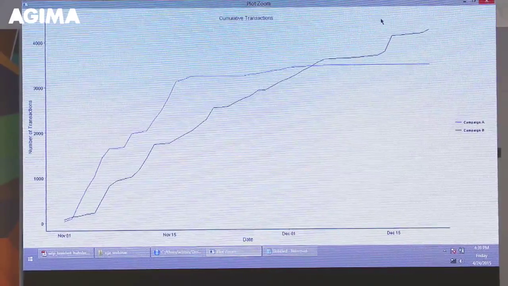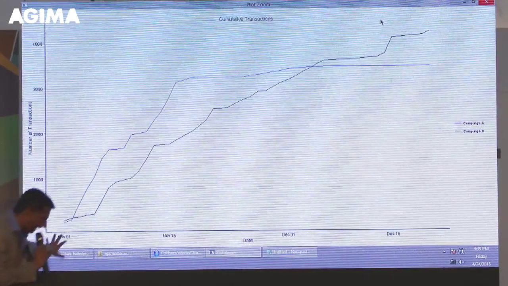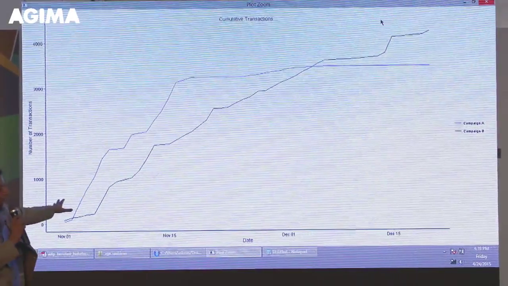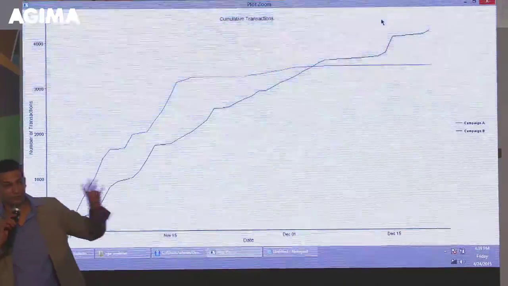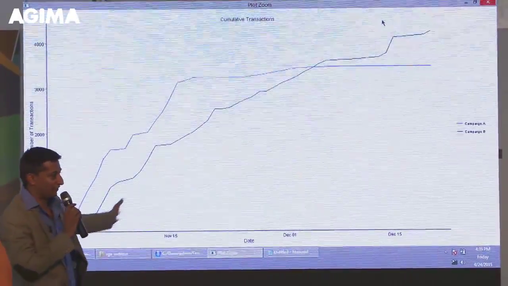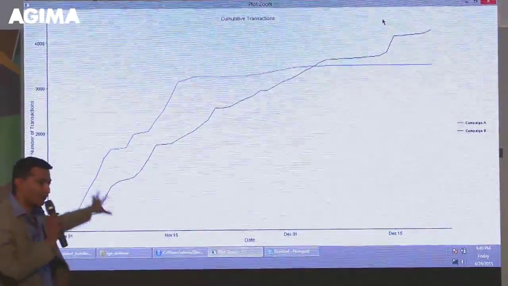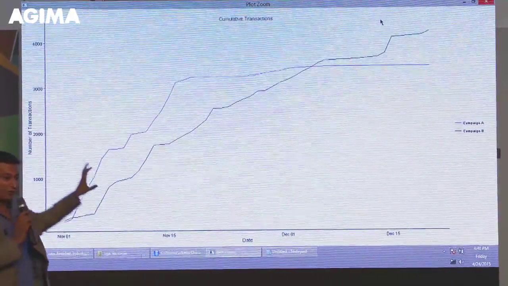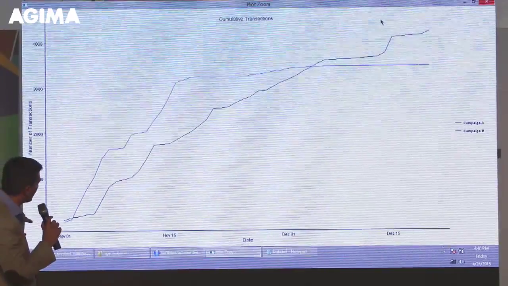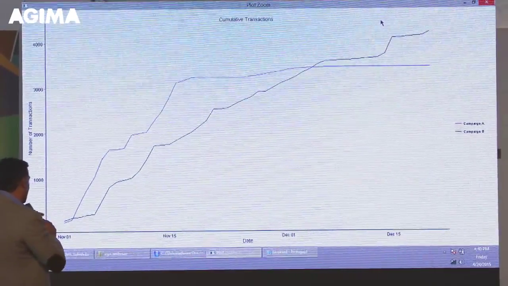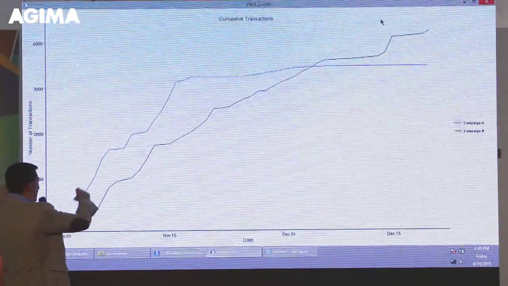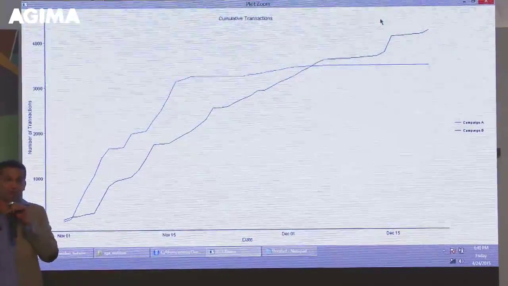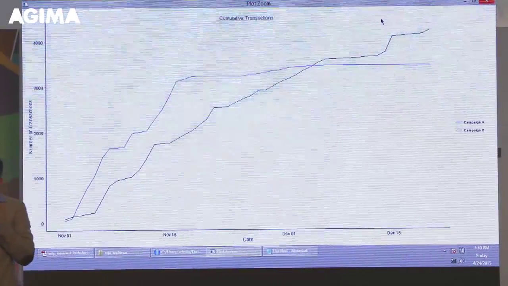So if you did a campaign, what did those users do over a period of time? These are only a handful of users whose first visit was from that campaign, and you're comparing how many transactions those users are doing who were acquired by a specific campaign.